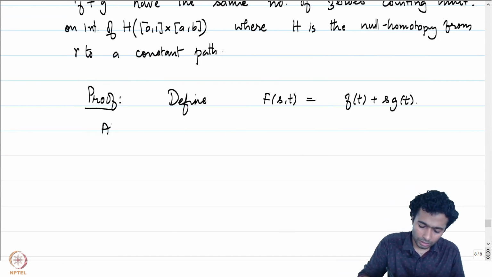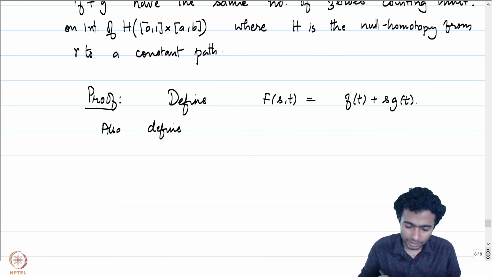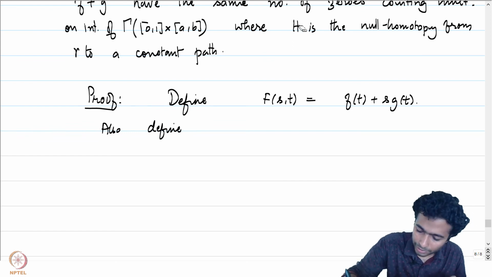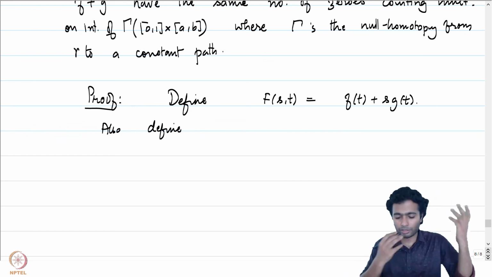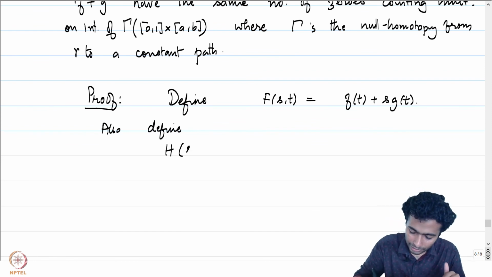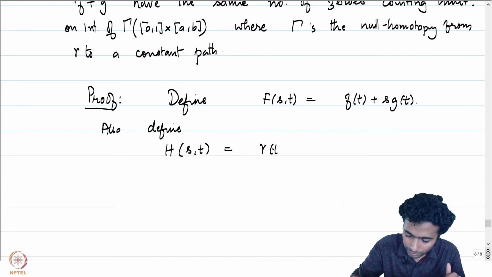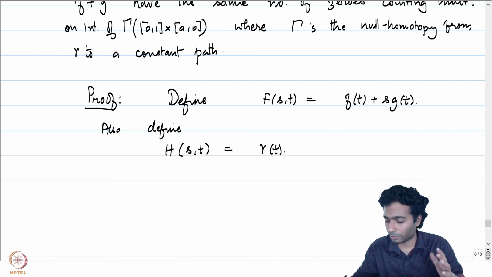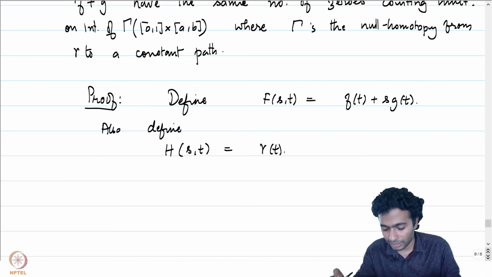Also define our capital H. Capital H is what I will be using from the previous theorem. Define capital H of s comma t to be just equal to gamma of t. I am not going to change this curve at all. Fix that curve. The homotopy is hence going to be the same curve at every stage s.